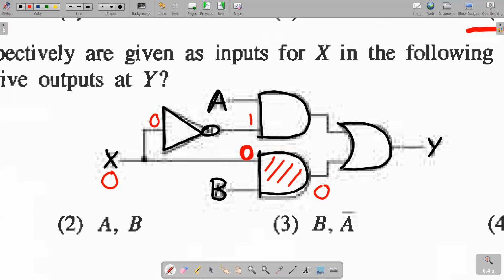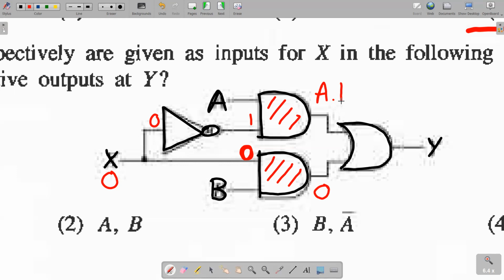That is concretely sure, because the AND operation does multiplication. So when you are multiplying with a 0, the ultimate answer is going to be a 0. And regarding this AND gate, this is going to be A dot 1. In one side it's getting A, on the other side it's getting 1.